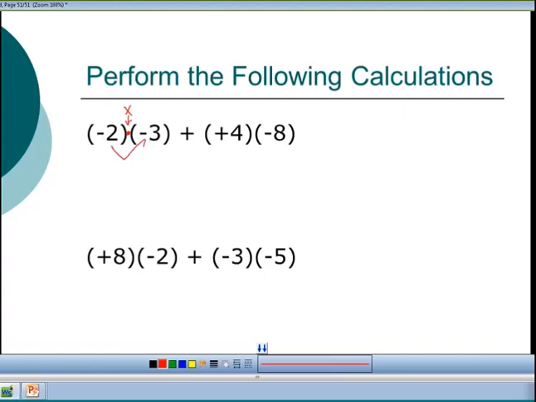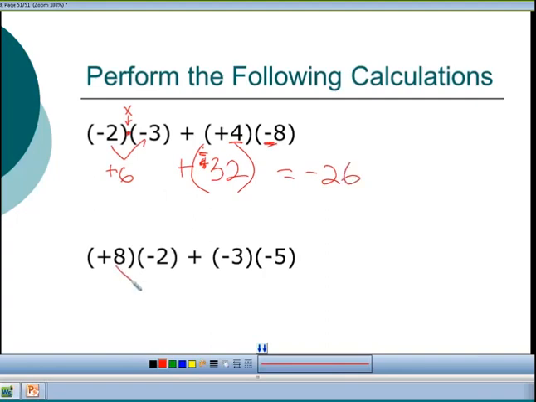Negative times negative is positive 6, plus positive times a negative is going to give us a negative 32. So we're adding a negative 32. So then we just have to do 6 plus our negative 32, or 32 minus 6, if you will, and get a negative 26.